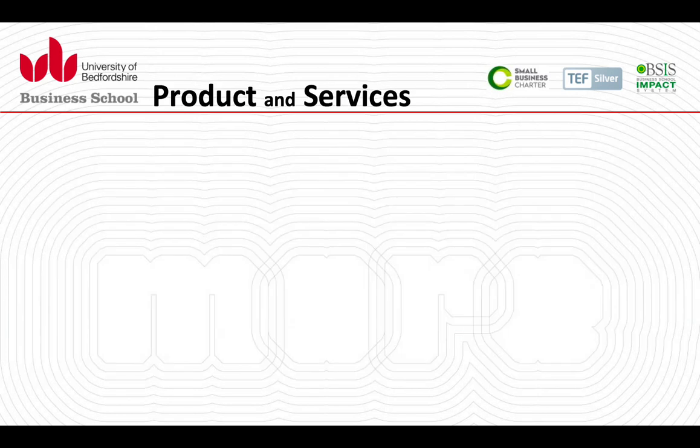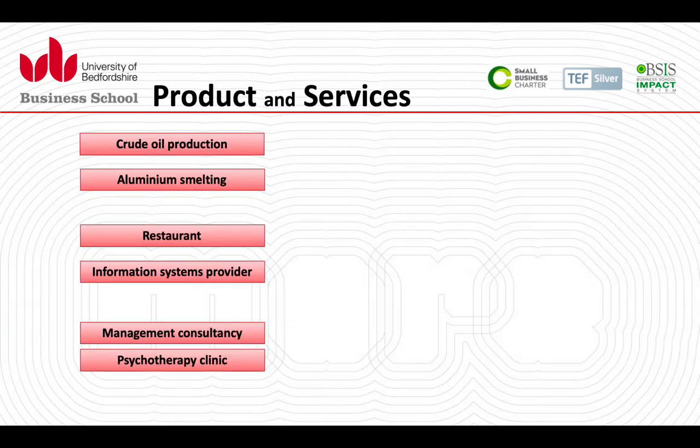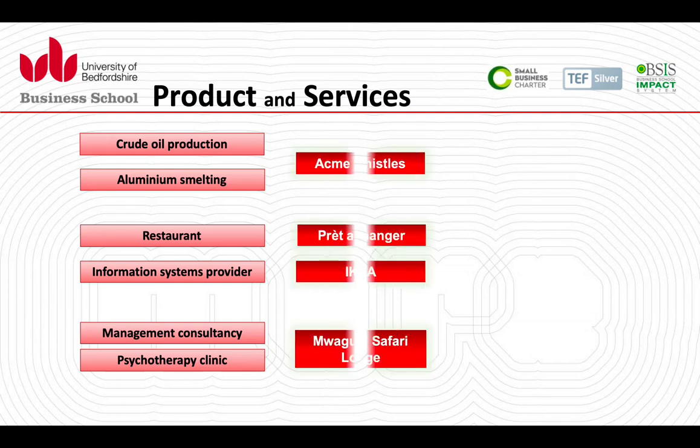So the product and services, we basically say here that how we differentiate in different nature of businesses. So we have a range of organizations. They offer a number of businesses or range of businesses, and sometime we are looking into how they take the example of different businesses and how they work.